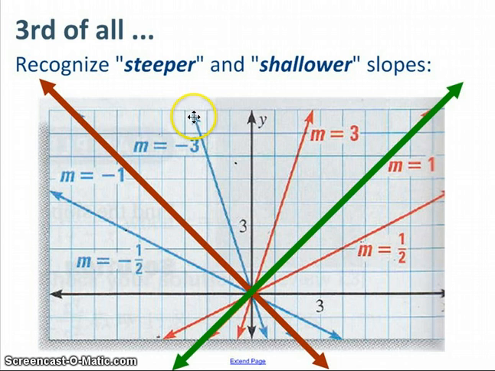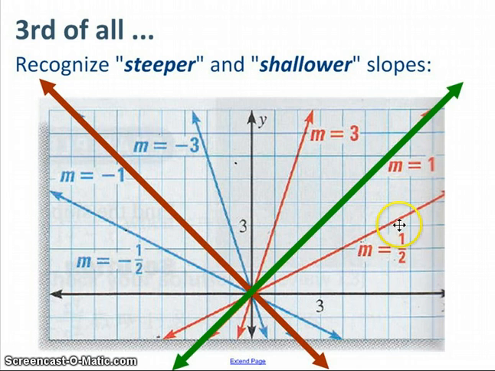Then maybe it's easier to quickly recognize, well, you may not know that that's a slope of negative 3, but you know it's steeper than negative 1, so it's going to be a higher absolute value than negative 1. Negative 3 is a perfectly good estimate, but you might have guessed that was negative 5 or negative 4 or negative 2. I'm not so concerned about that, but you should not have guessed that it was negative 1/2.